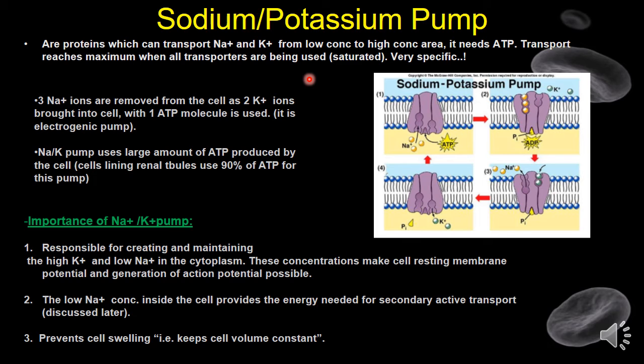It means from low concentration to high concentration. That's why we need energy in the form of ATP. And as I said, it is a carrier mediated transportation. That's why it can be saturated. And it is very specific because it is specific to transport sodium and potassium.